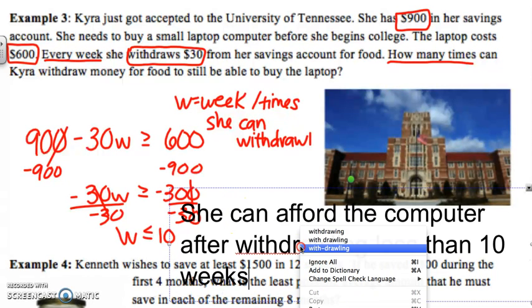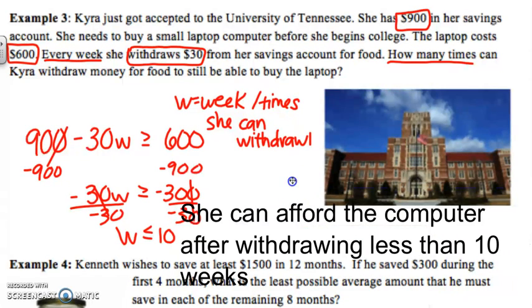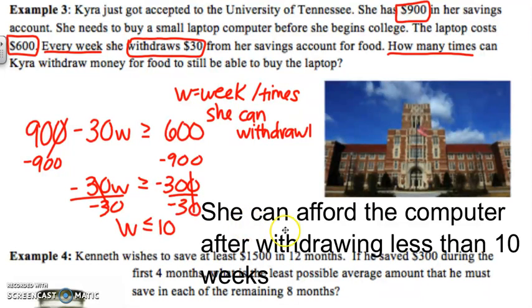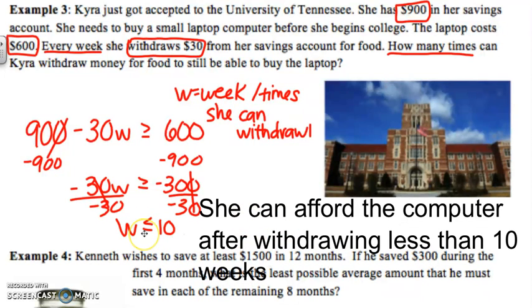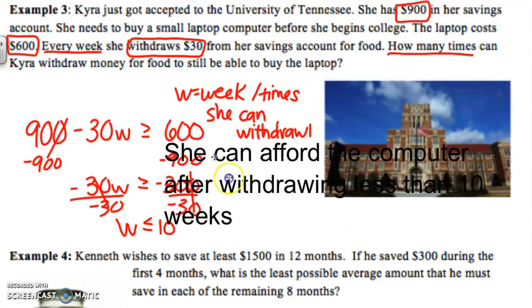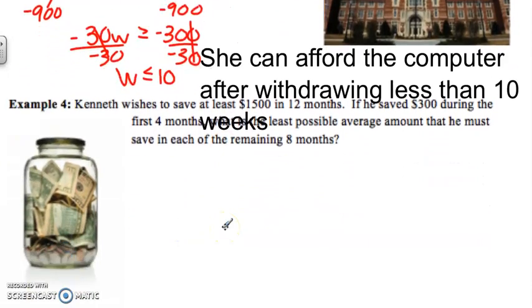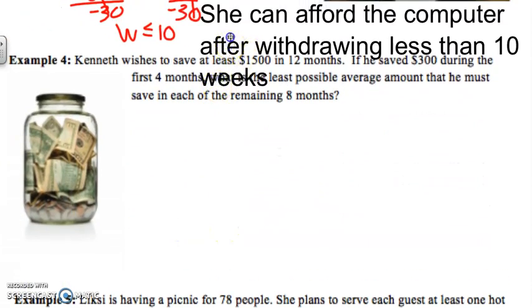I can't seem to spell withdrawal. Alright, so she can afford that computer less than 10 weeks. So she could buy the computer after week 2. But she could go all the way up to 10 weeks withdrawing for her to buy that computer. Okay? Alright, I can't move that. I'm sorry. I'll move it up right here for now.